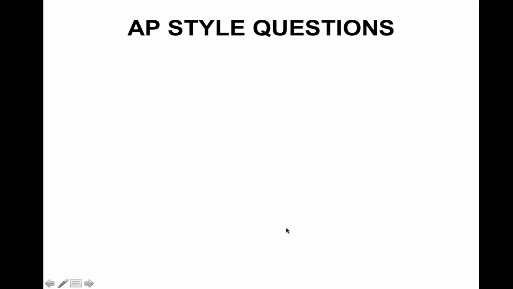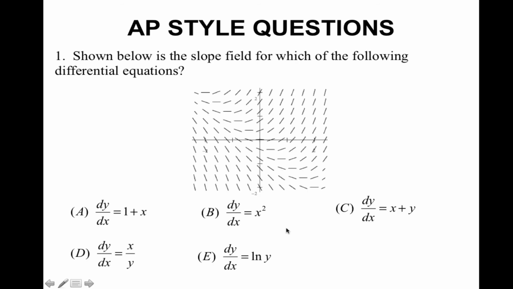All right, so this leads us into AP style questions, which we'll be practicing more in the next couple of days. Shown below is the slope field for which of the following differential equations? How do you figure out which one of these is the differential equation for this slope field?